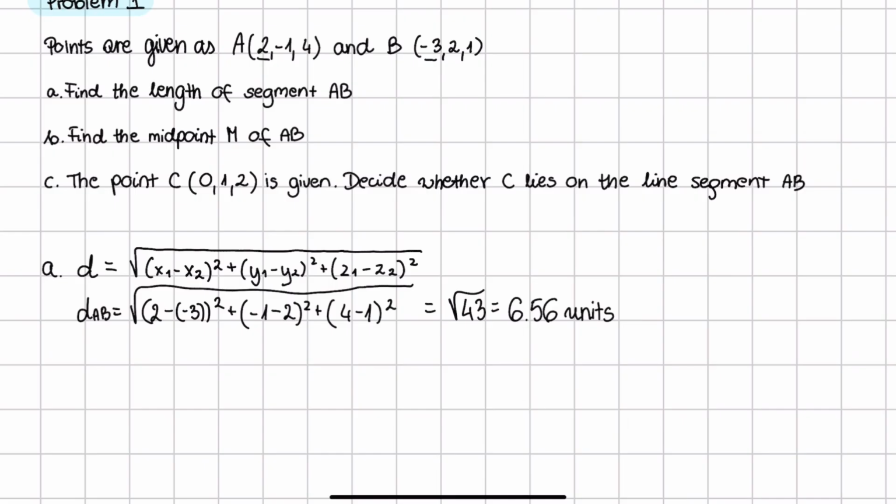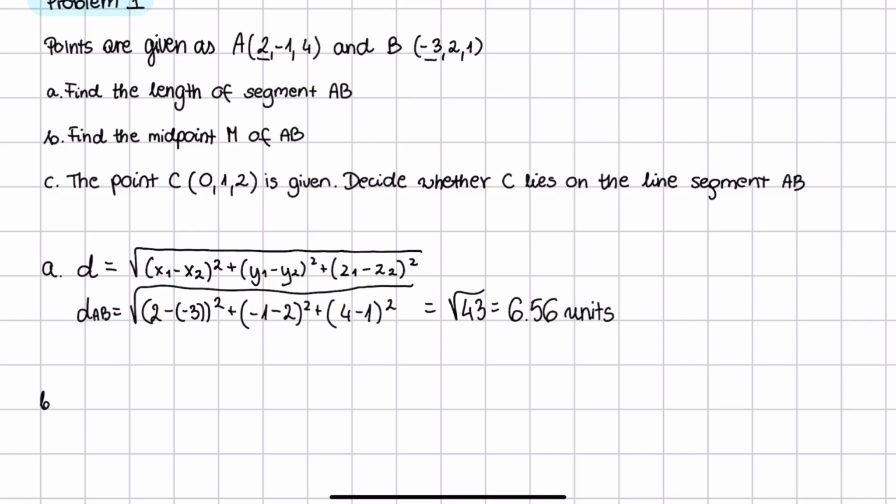So our distance is 6.56, and we are not given the units, so we have to write just units, because we don't know if our units are meters, centimeters, kilometers, so we have to leave it like this with just units or U.